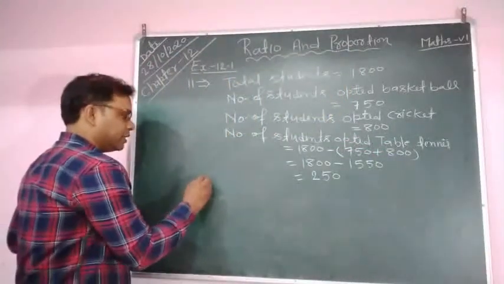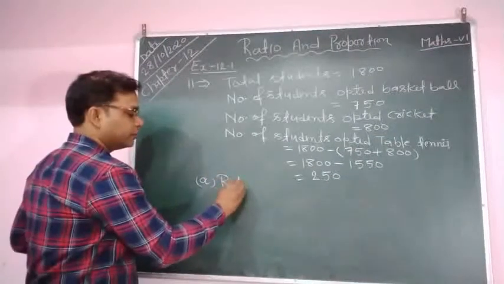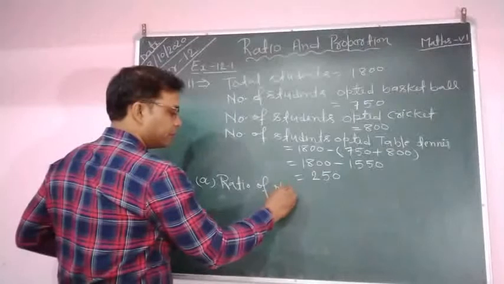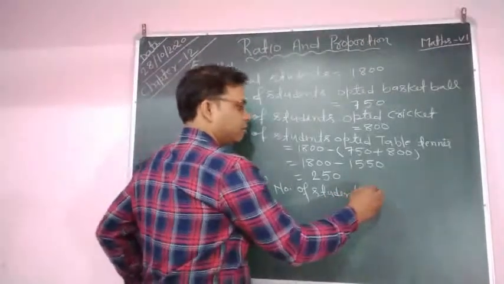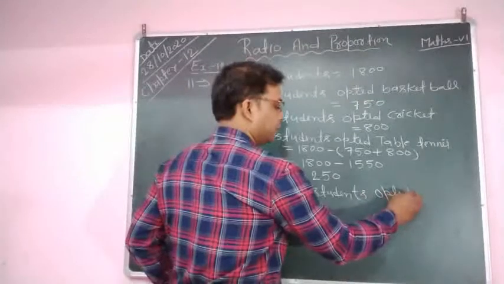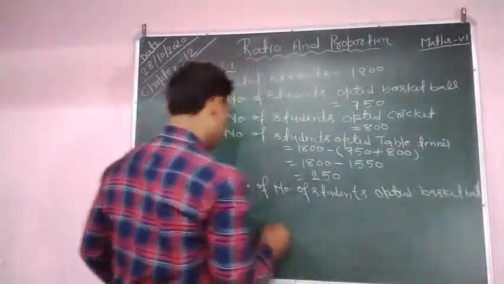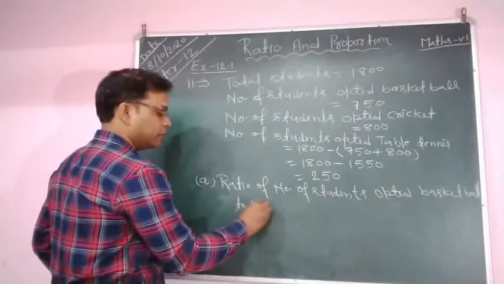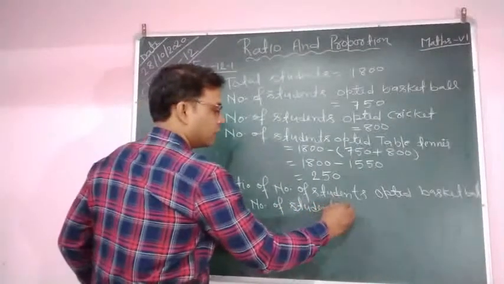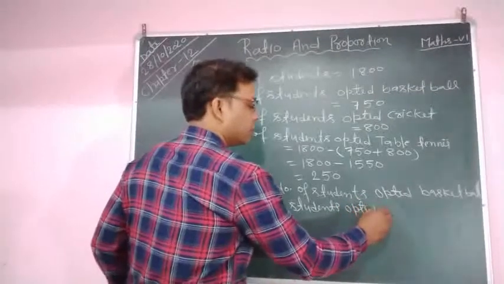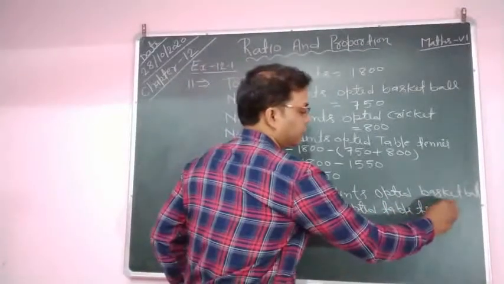So here you write part A of this question number 11. Ratio of number of students opted basketball to number of students opted table tennis.